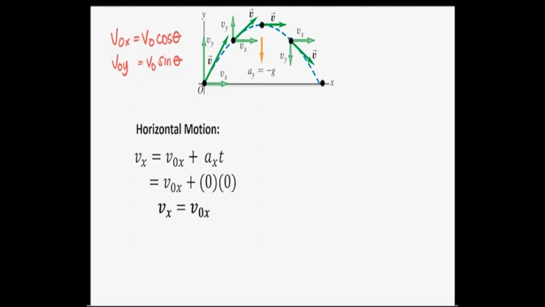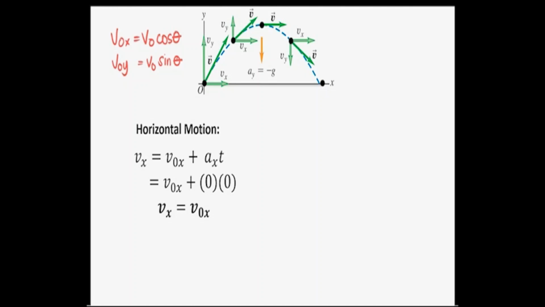Therefore, as time increases, as long as the projectile is in motion and doesn't hit the ground, the v sub x is just equal to the x component of the velocity vector.